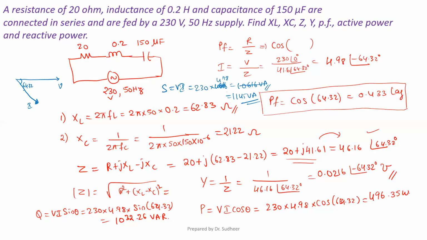This current is a combination of the currents through the inductor and capacitor. If you want to represent this in terms of current, then you take current as a reference, then VR, VL, VC. Generally we take V as a reference, and the current flowing through the circuit is 4.98 at an angle of minus 64.32 degrees.